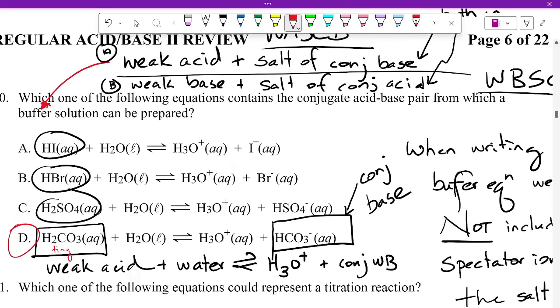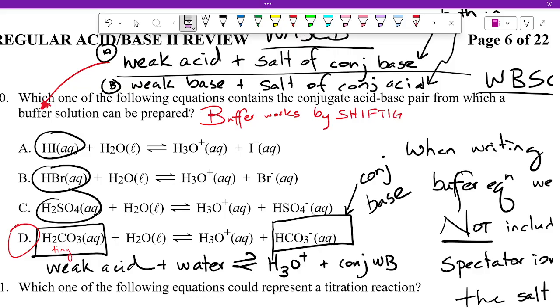The buffer works by shifting. You're either going to use up excess H or you're going to make more H.